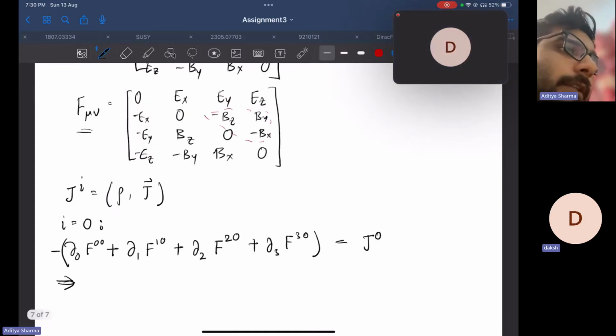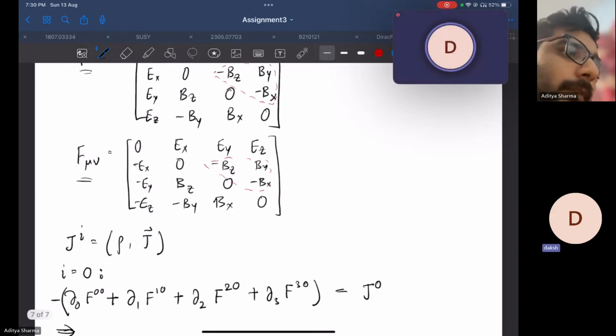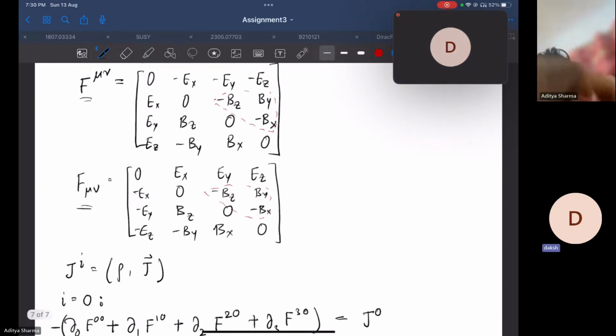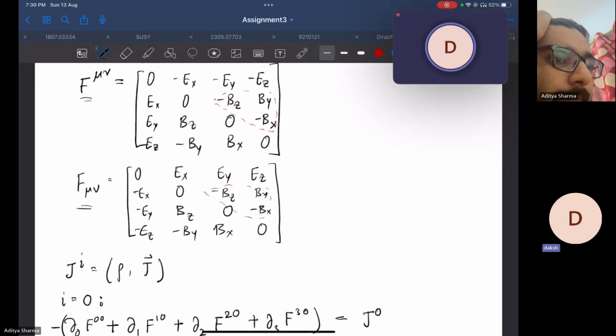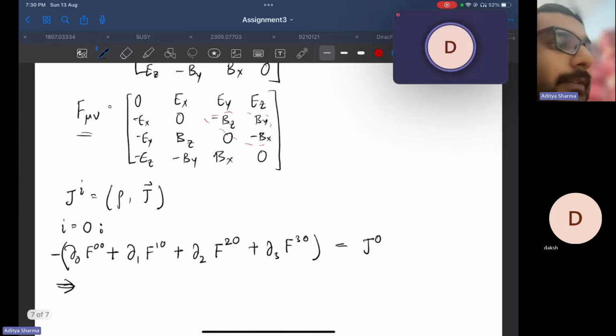So F00 is what? Zero. F10 is what? It is upper 10, Ex. F20 is Ey. F30 is Ez. Right.